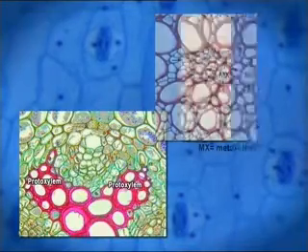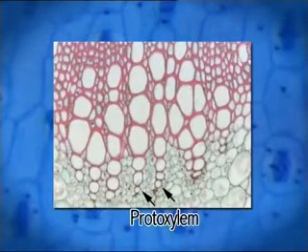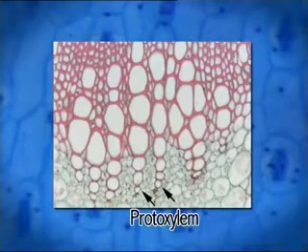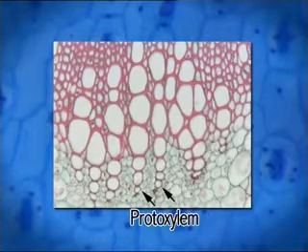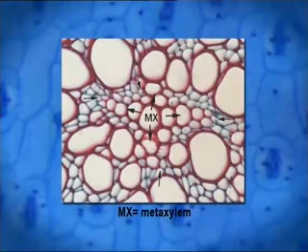Primary xylem is composed of both protoxylem and metaxylem. Protoxylem cells are the first recognizable xylem cells of the system. Metaxylem cells occur later. The order in which successive metaxylem matures may be centrifugal or centripetal.